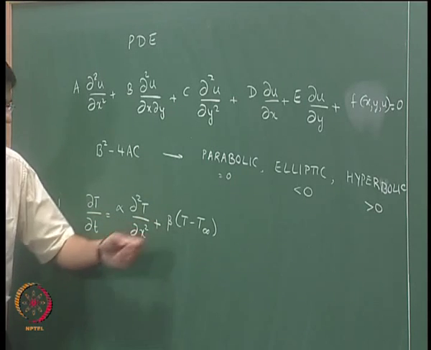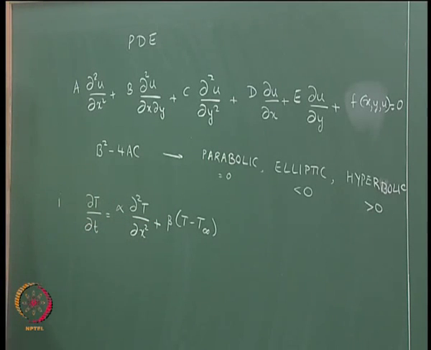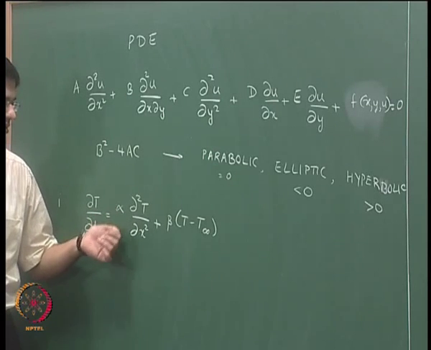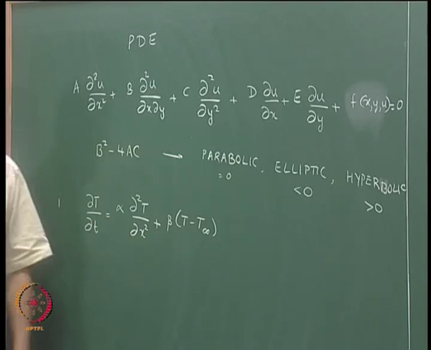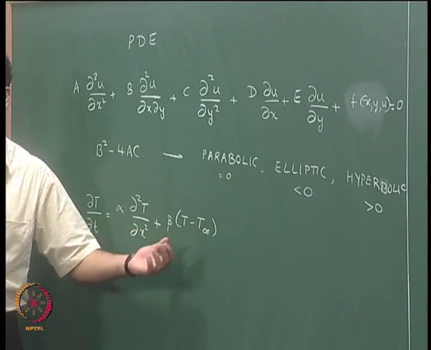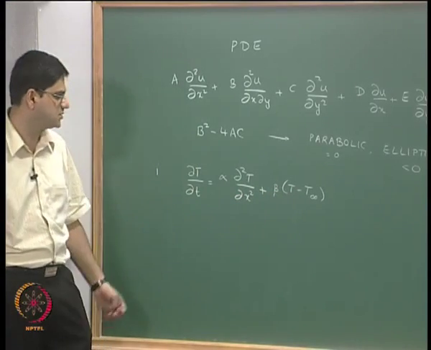Where alpha and beta are two constants, or they can be functions of temperature and space also. Alpha is nothing but the thermal diffusivity, and beta is the ratio of the heat transfer coefficient to the thermal inertia of the overall system.